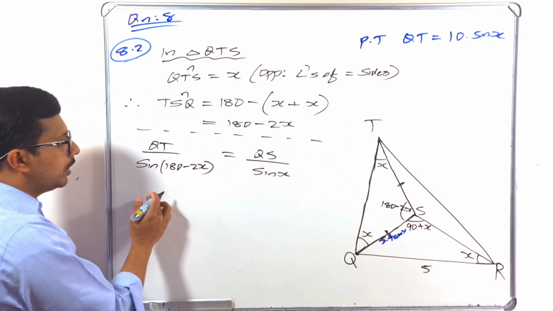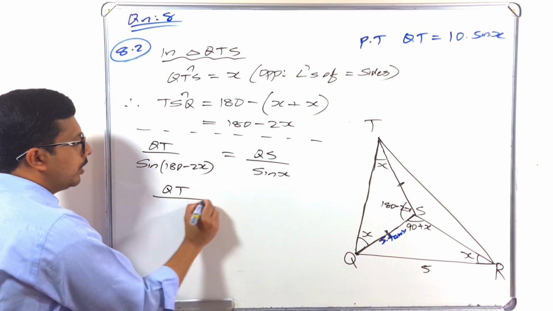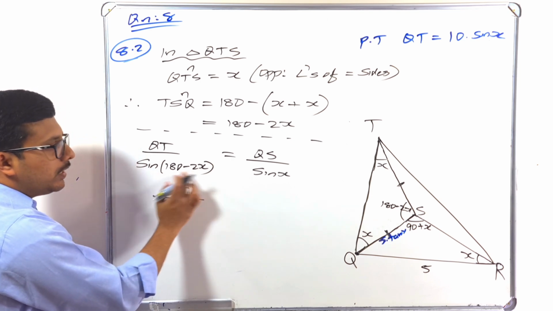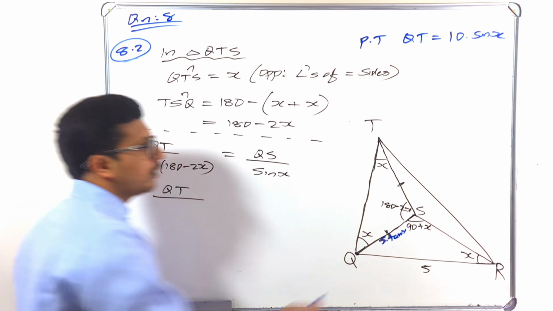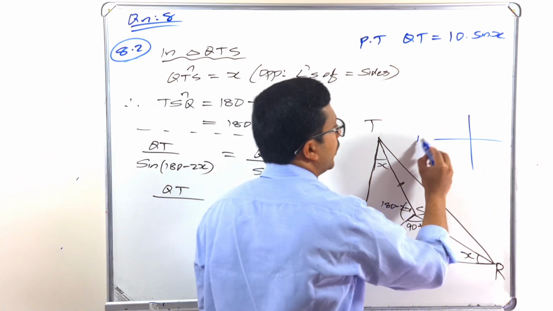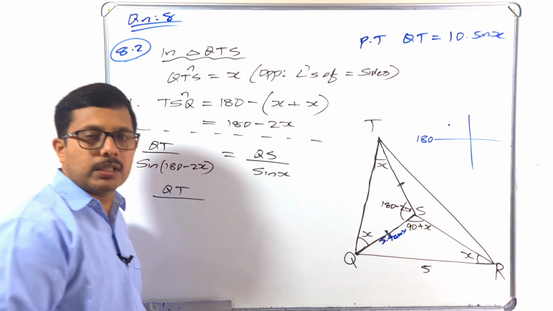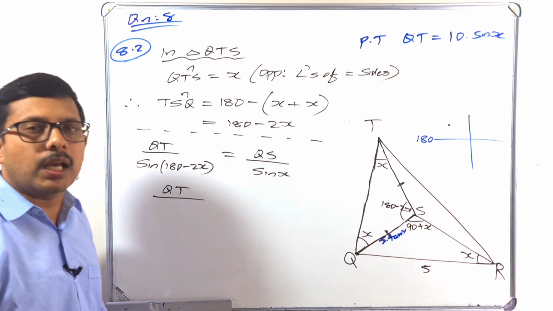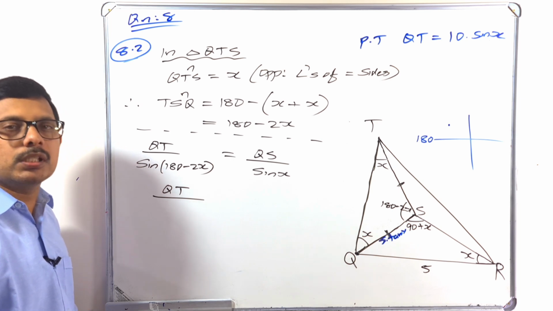Let's write one more step, then we can cross multiply. QT divided by sine of 180 minus 2x. 180 minus means which quadrant is that? 180 minus means second quadrant. In the second quadrant, what is positive? Sine is positive. So it is positive.